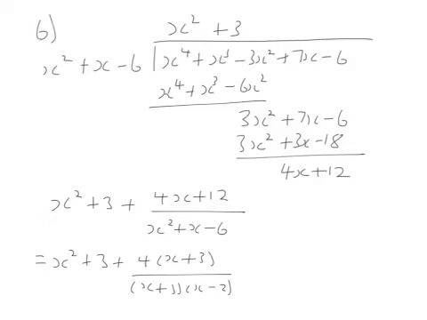So the x plus 3's cancel out, so we're left with x squared plus 3 plus 4 over x minus 2. So in the format thereafter, the a number is equal to 3 and the b is 4.